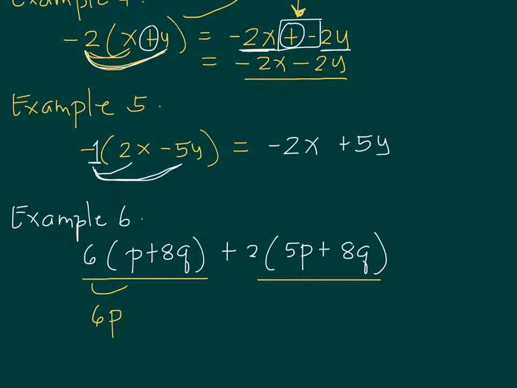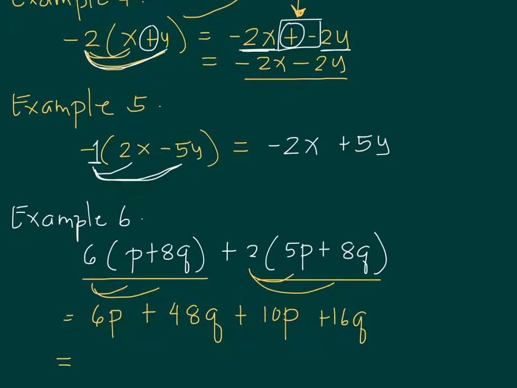6p plus 48q and then 10p plus 16q. So from here, you should note that you can only combine similar terms. So I can only add 6p and 10p, which will become 16p.